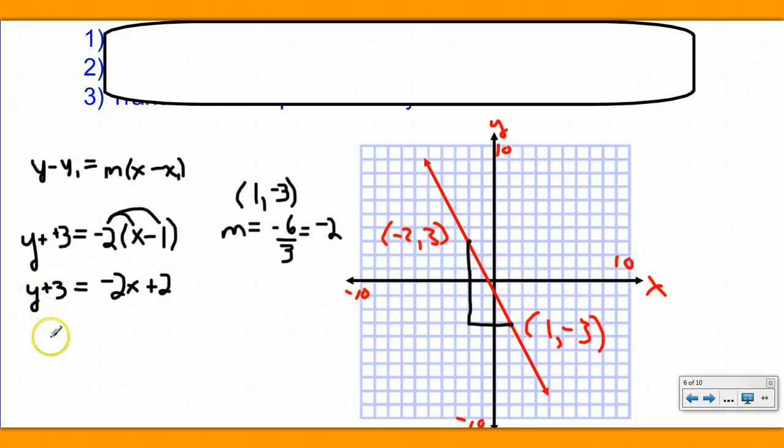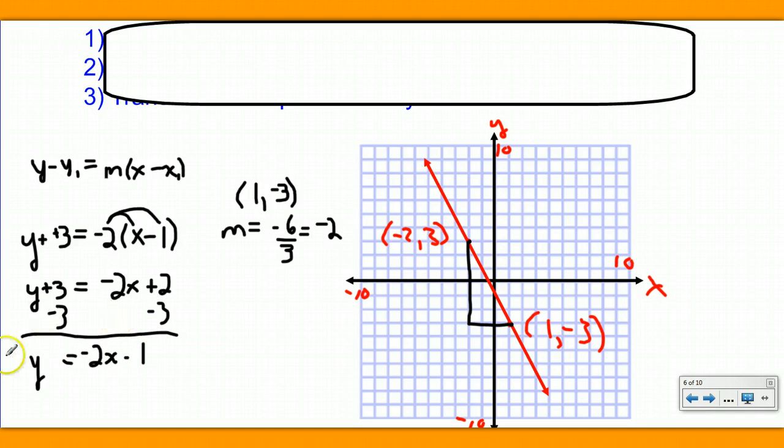Good. And now we're ready to isolate y. So how will we move the 3? Good. Subtract 3 from both sides of the equation, right? And let's draw a clean line. And the left side is y equals, and we end up with -2x. And 2 minus 3 is -1. Good.